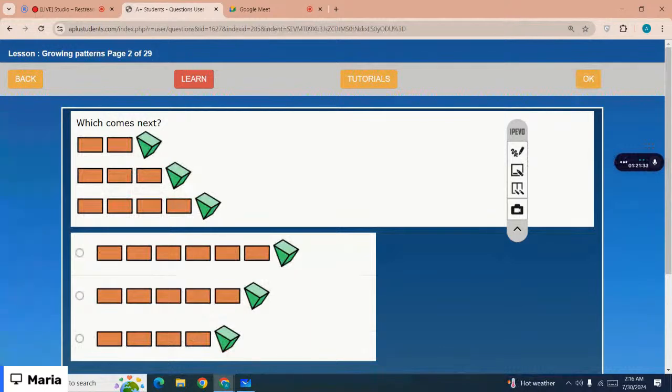Okay, which comes next? Which is the correct option? One, two, three. The correct option is option number 3 is the correct option, right?